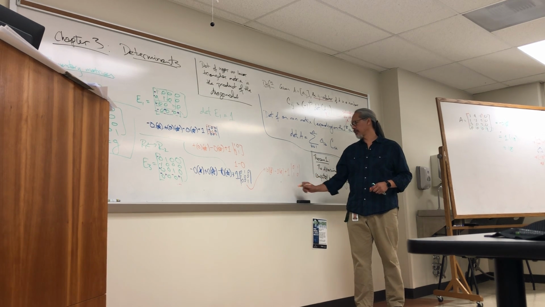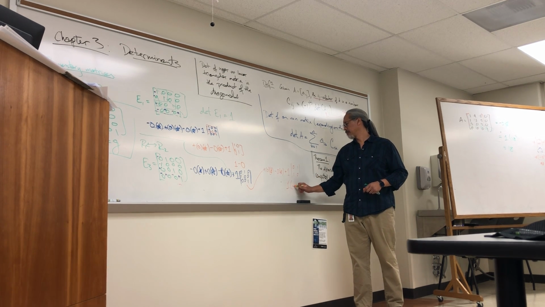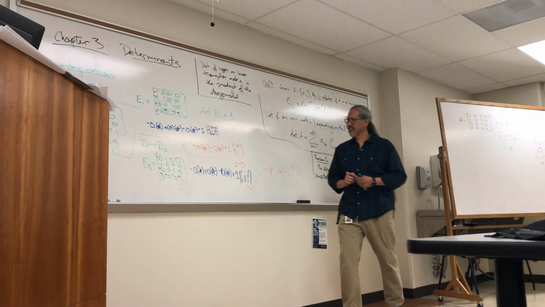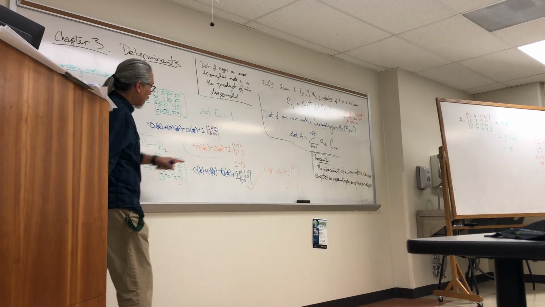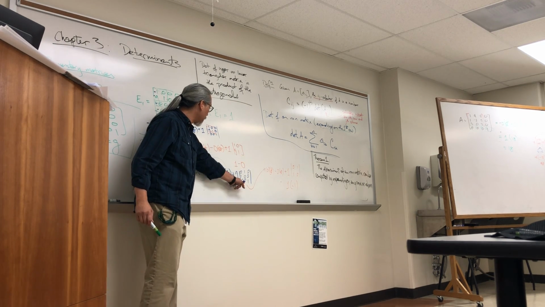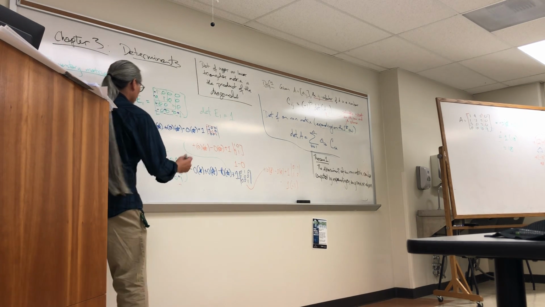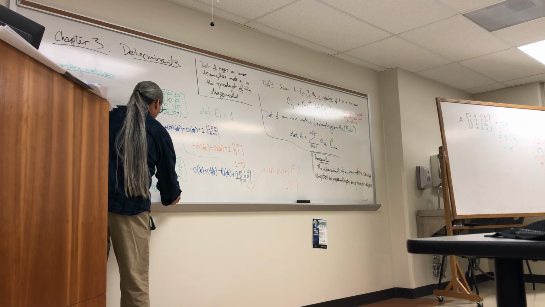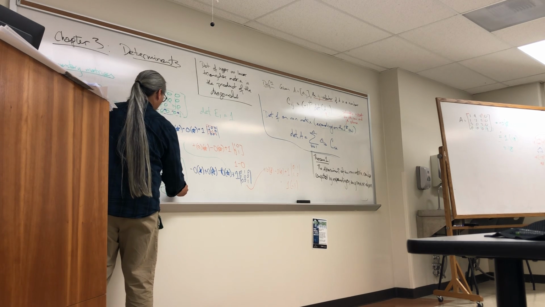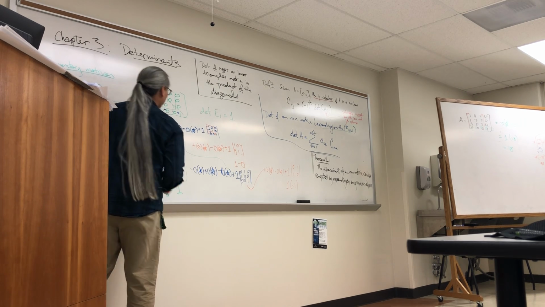What's the determinant of this? -1. So -1 times 1 over there times 1 over here is just going to be a -1. So the determinant of this type of elementary row operation is -1.